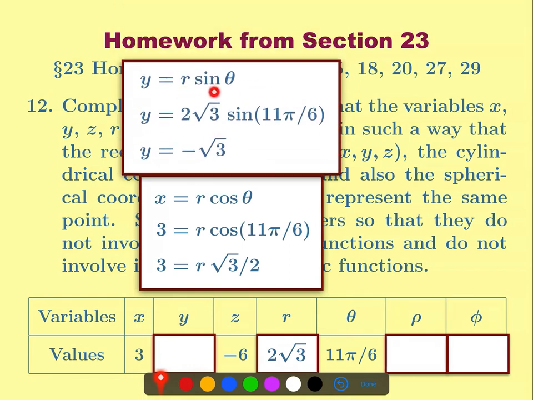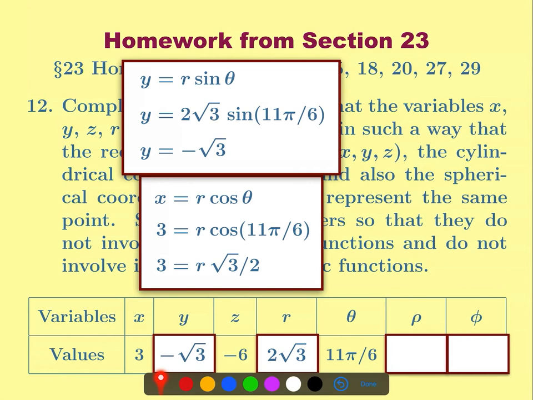R we just calculated was 2 root 3, and theta is still 11 pi over 6. So we just want to take 2 root 3 and multiply it by the sine of 11 pi over 6. This is going to be minus 1/2 here. So when I multiply it by 2, I get minus 1 times the square root of 3. So y is minus root 3.